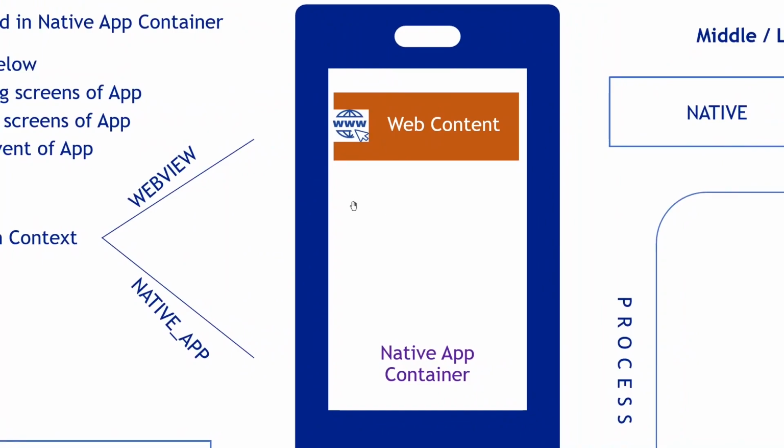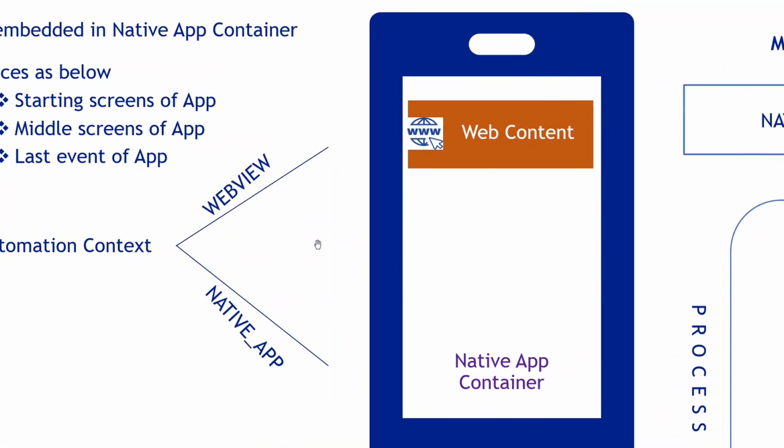Suppose I'll show you a sample app we have, in which I have identified a screen that is apt for this. Whenever we have a screen which is web content, the overall container is the native app container. That app itself is built on the native app.